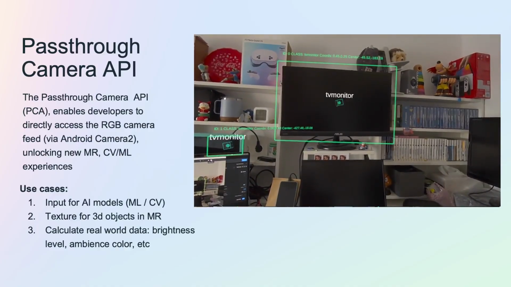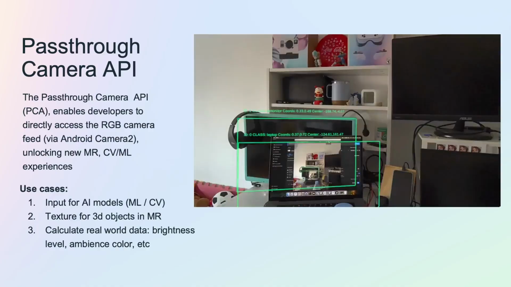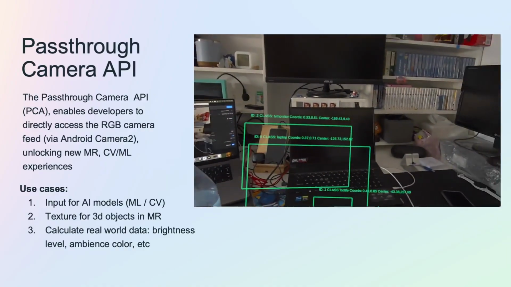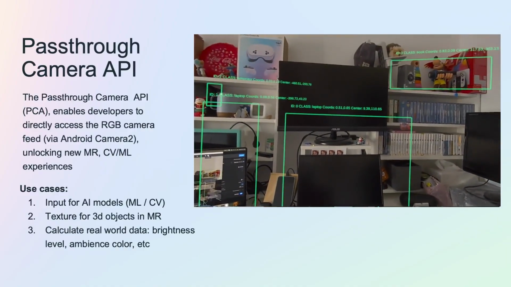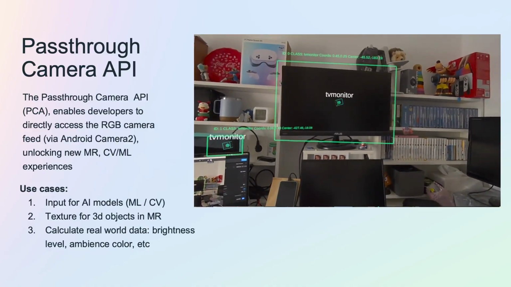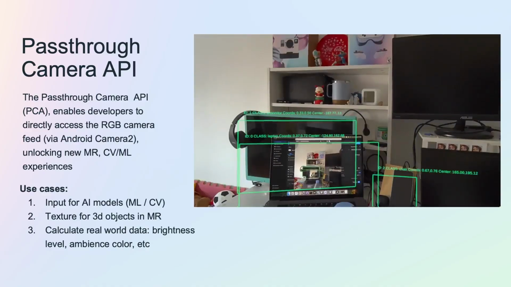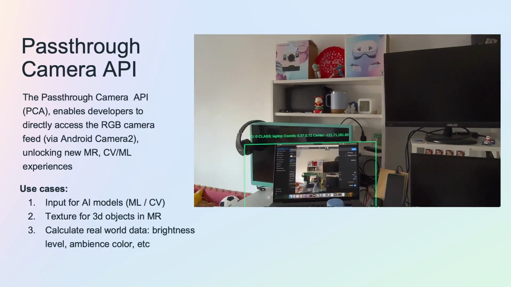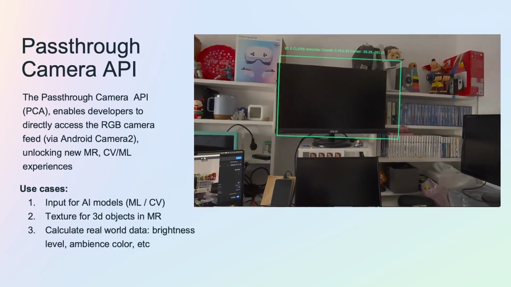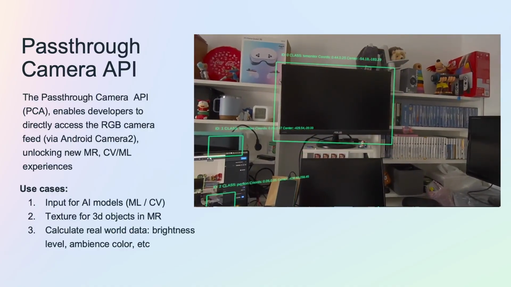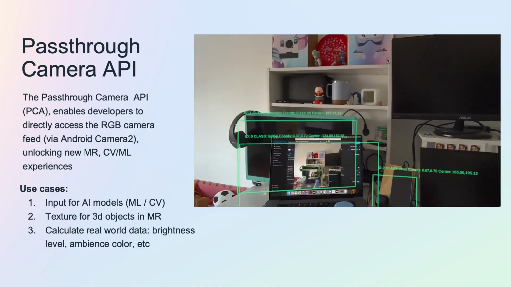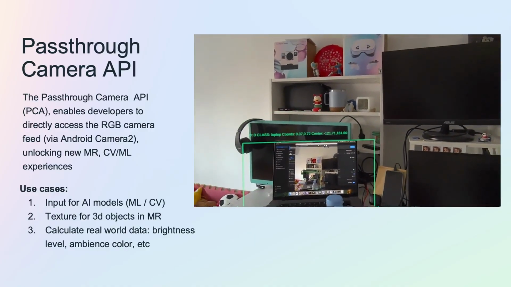We'll go into a little more detail on the specifications, but this is limited to Quest 3 and 3S for now at least. And so we're excited to announce that we're moving into public experimental and opening that up for everyone. The primary use cases of the API are to drive ML and CV models. You can think about all the exciting things you can do if you can just pick up the image that you're getting and then analyze it to provide feedback or to provide better gameplay.